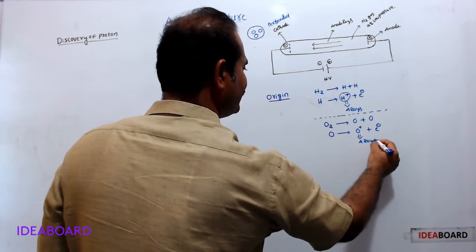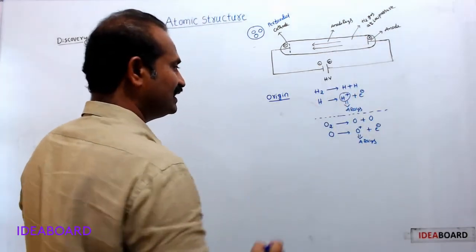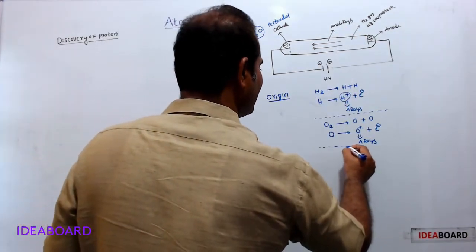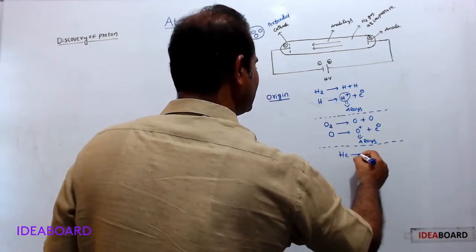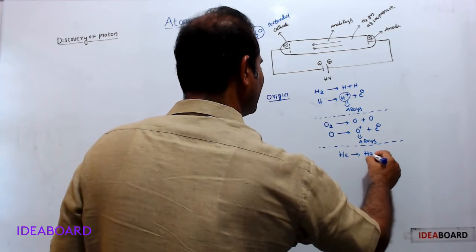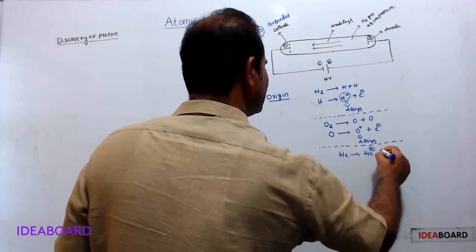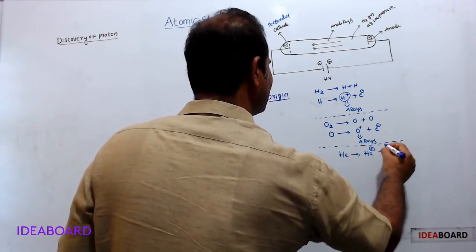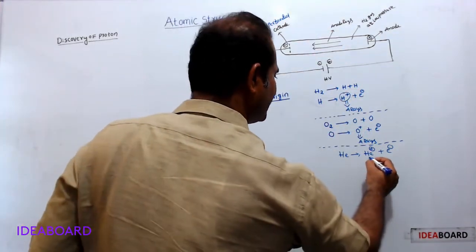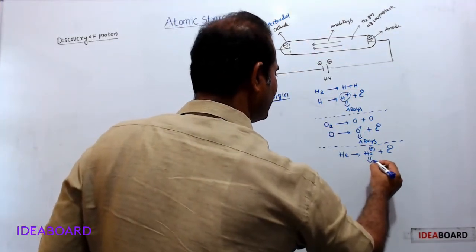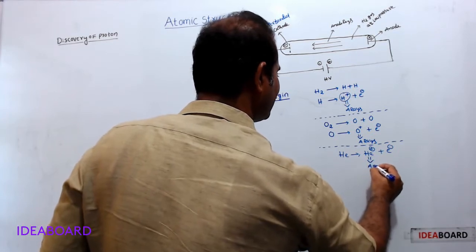Suppose instead of hydrogen gas we take another gas like helium, which is a monatomic gas. The helium atom loses an electron and forms a helium ion. So in case of helium gas, anode rays are nothing but a stream of He+ ions.